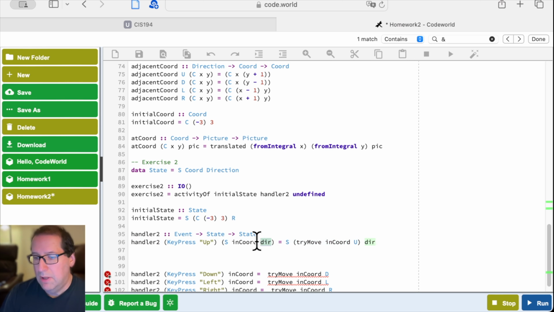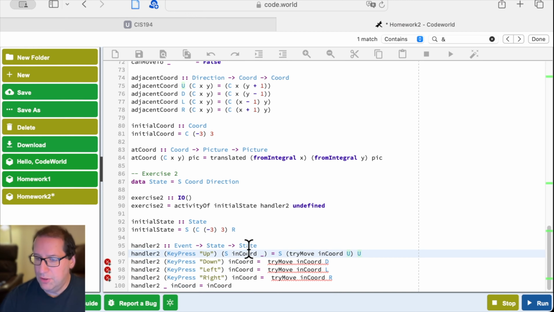This is wrong, however, because this, as we established, is the last direction, right? That's the previous direction. So in fact, we don't even need it. All we need to know is our new direction that we're going to be facing. That's what we're trying to remember. And so that's going to look like this.